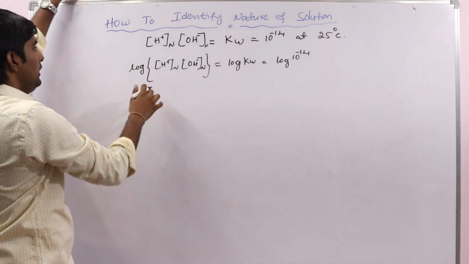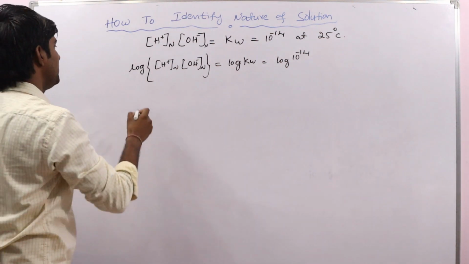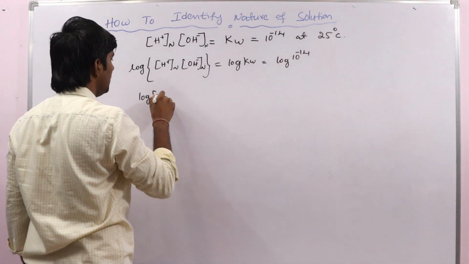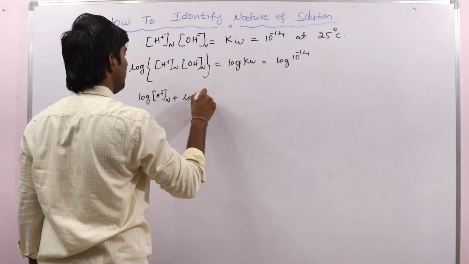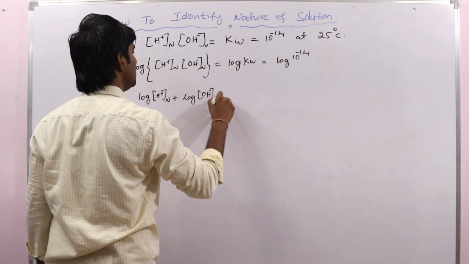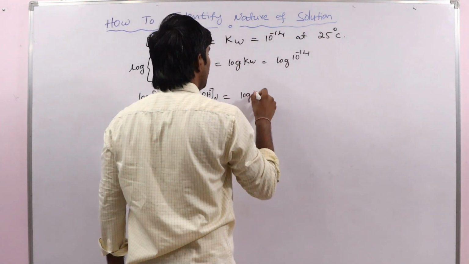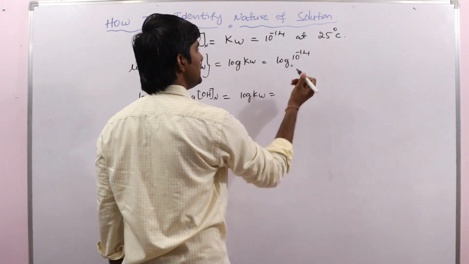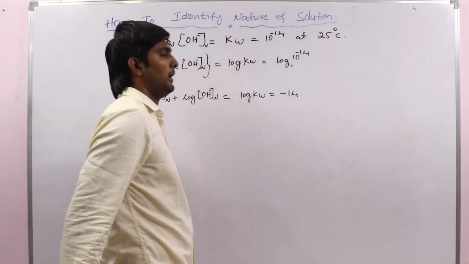Now if you expand this, this is in the form of log A into B, so we can write it as log A plus log B. So log H plus concentration plus log of OH minus ion concentration is equal to log Kw. See, log 10 power minus 14. Here the base is 10, yes or no? So that is equal to minus 14.